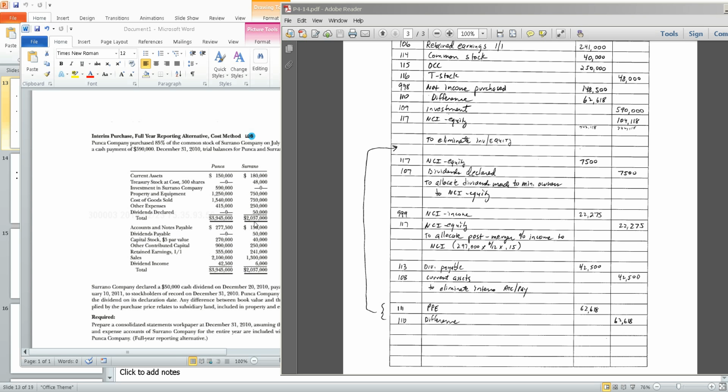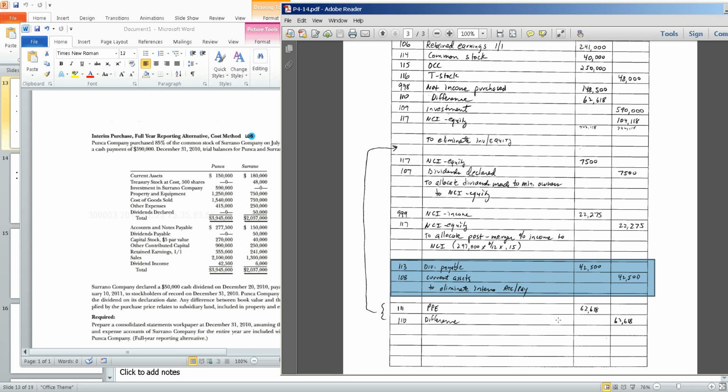The amount that represents intercompany is 85% of $50,000, or $42,500. So we need to offset $42,500 of this dividend payable against current assets here. So the entry to do that: debit dividend payable $42,500, credit current assets $42,500.